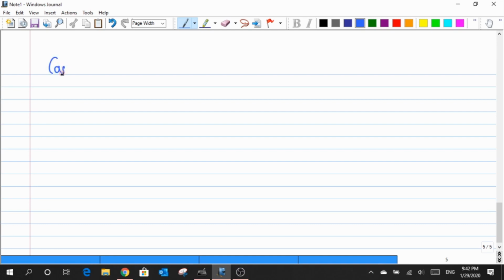So, Cascode amplifier. Now we know that the cascode amplifier is a combination of two stages: the CS amplifier along with the common gate amplifier, right? So I'll quickly draw the circuit of it.